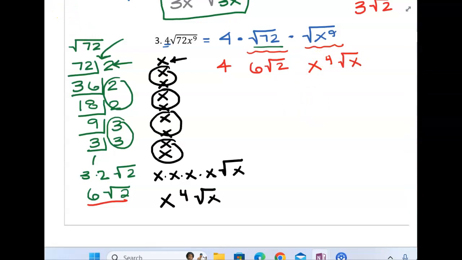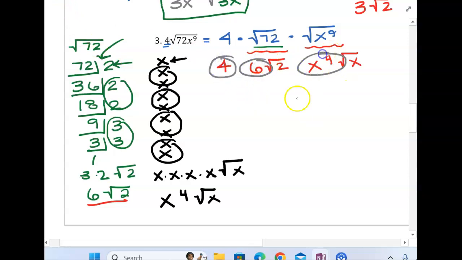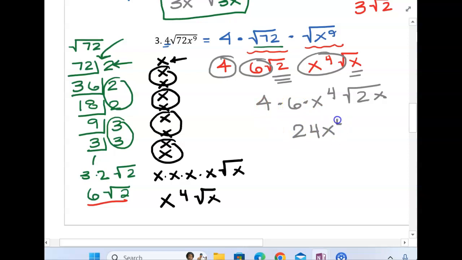Now if I take what's on the outside, I have a 4, 6, and an x to the 4th, so 4 times 6 times x to the 4th on the outside, and then I have a 2 and an x on the inside. Of course I can simplify this. 4 times 6 is 24, so 24 x to the 4th square root of 2x, and that is my final answer.